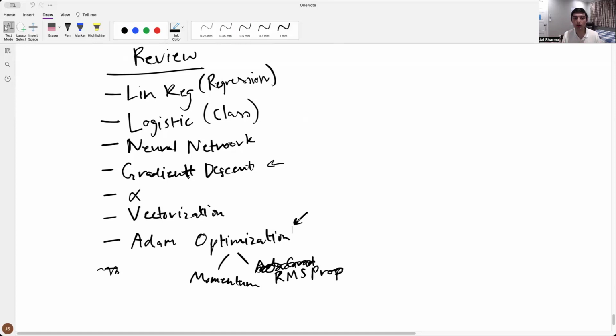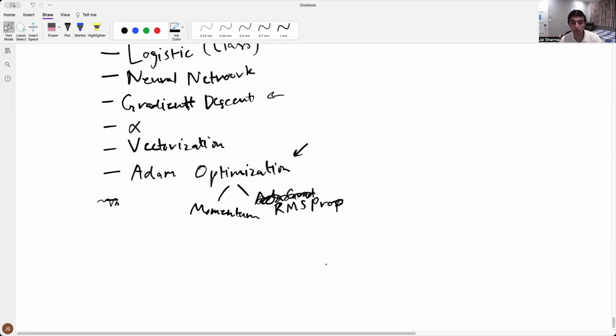And that seems to be better than just normal gradient descent. It's sort of just gradient descent, but with a couple of modifications on top of that. One of them being momentum and one of them being RMSprop. If you fuse those two methods together, then you get Adam optimization. I haven't explained what any of that means, but these are kind of key terms if you want to search them up and learn more about those.